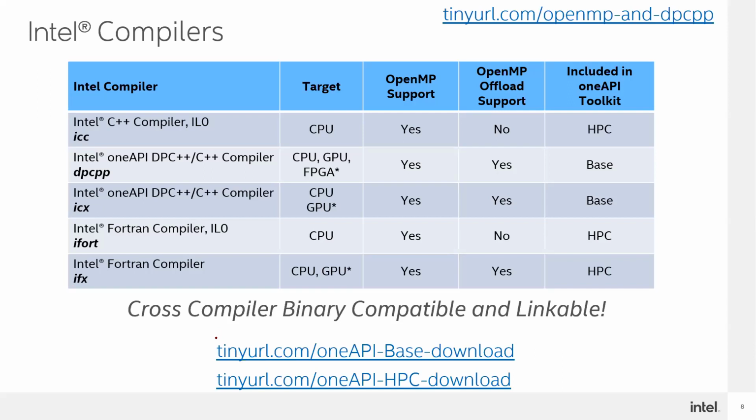So you always need to start with installation of the base toolkit and getting, for example, these compilers, DPCPP and ICX. In order to get additional compilers, you need to download the HPC toolkit and install it on top of the base toolkit. So don't start with installing the HPC toolkit as a standalone package. It's really a kind of plugin which you need to install on top of the base toolkit, which is important.